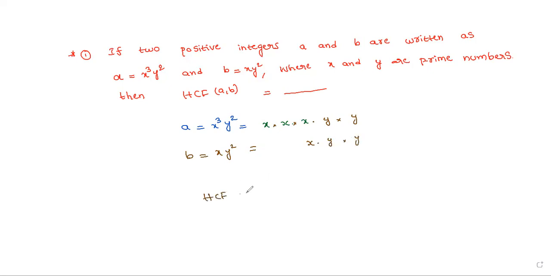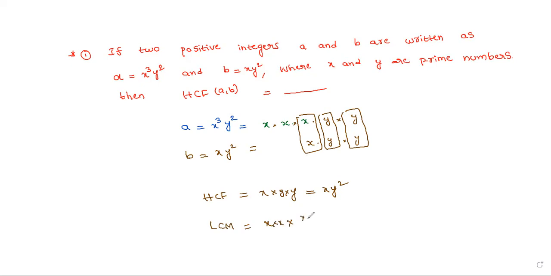HCF is the highest common factor. x is common, y is common, y is common. Simply x into y square, x y square. The remaining part, x into x into the HCF x y square, gives x cube y square, which is the LCM. Okay, we only need to find the HCF. Write down.